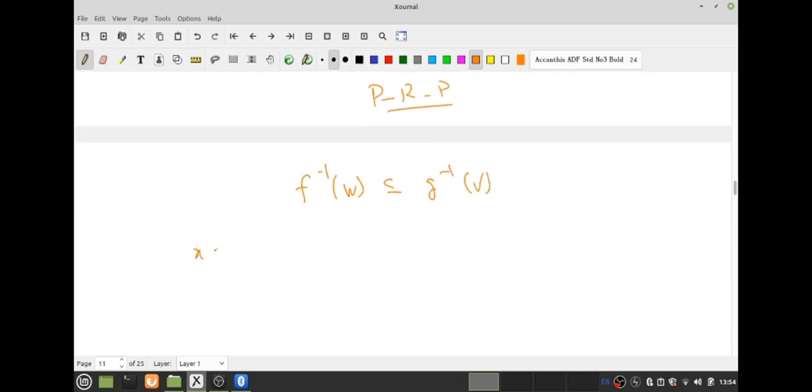Now let x belong to g inverse of v. That means g(x) belongs to v. But that means f(x) is in v, because g(x) is nothing other than f(x). f(x) is in v. But remember, f(x) is always in B. This is already known, a given hypothesis.